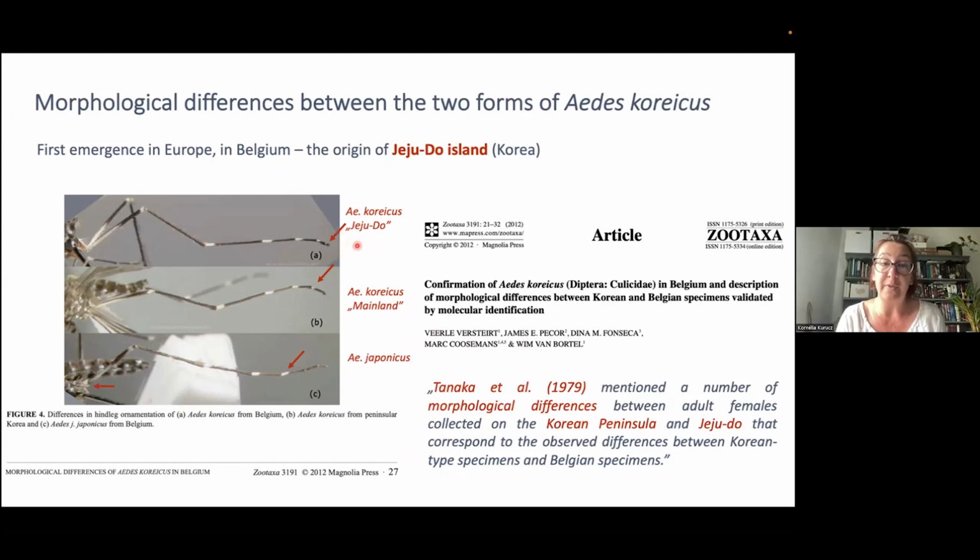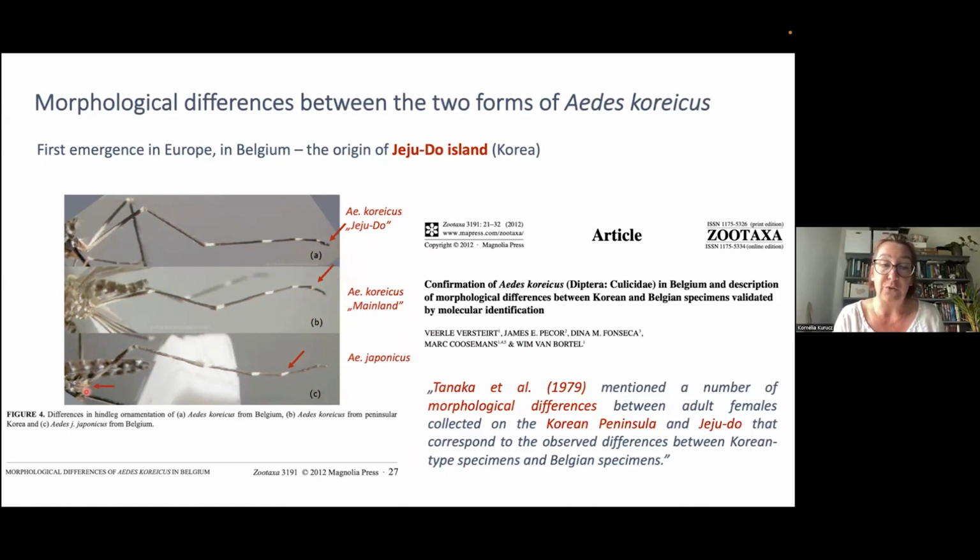they also published a picture where they compared the Kornélia specimen found in Belgium, the Kornélia specimen from the Korean Peninsula, and a Japonicus. And here you can see the same differences, the presence or absence of white stripes on the fourth and fifth segments of the hind leg.